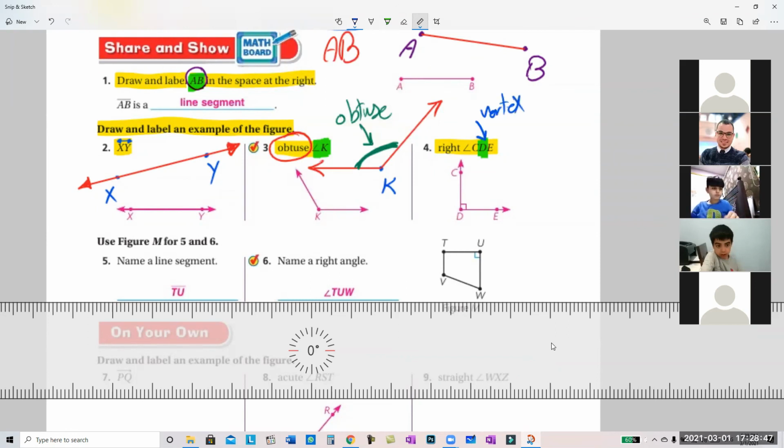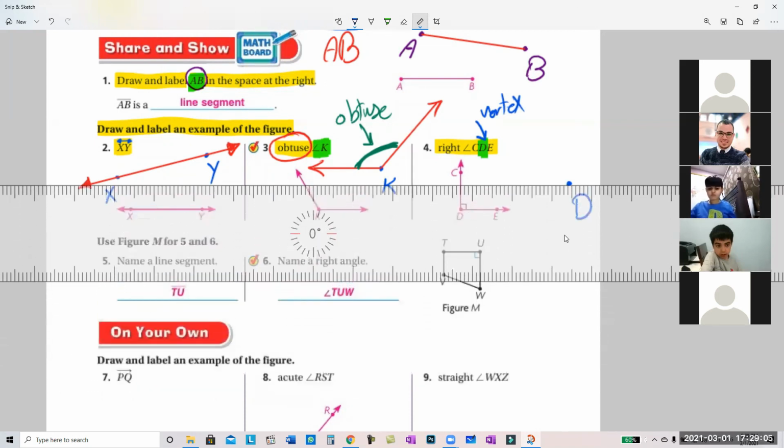First of all, you have to start with the vertex. Let's label D here, and then we're gonna draw a right angle, like the letter L. We draw our first ray here.